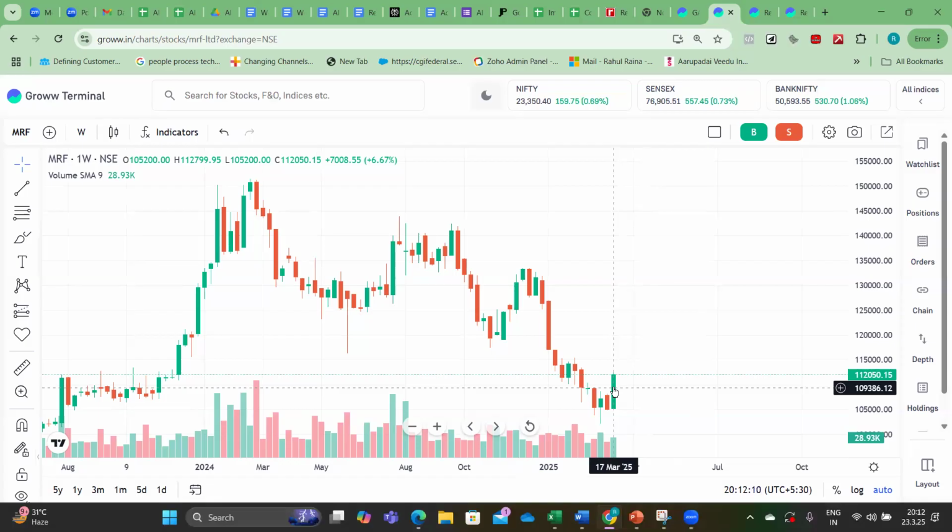High was 112799 for MRF. Low was 105200 and close was 112050. Each candle represents 1 week.